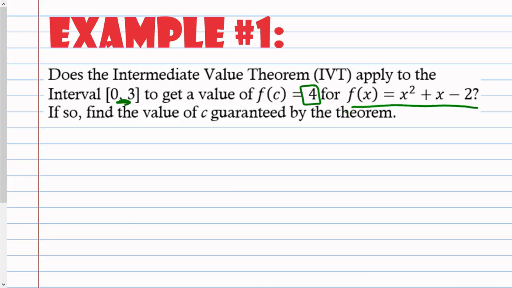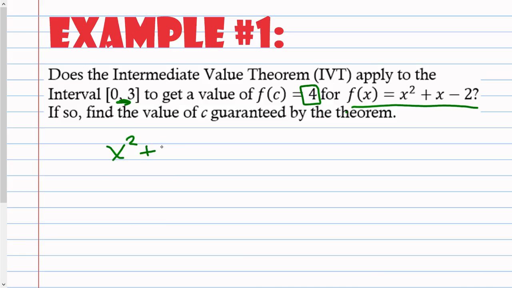It says if so, find the value of c guaranteed by the theorem. This theorem guarantees the existence of an x value, but doesn't give it to you. So you have to actually find it by doing the math.